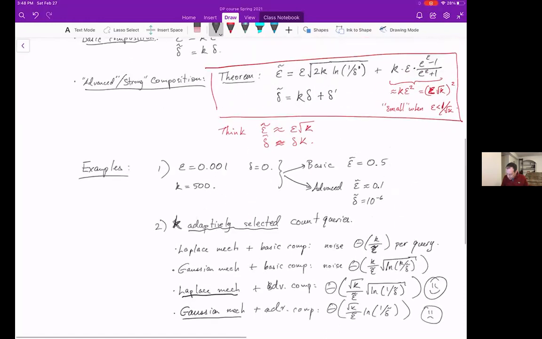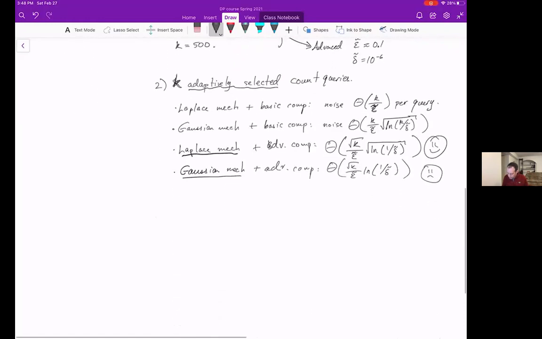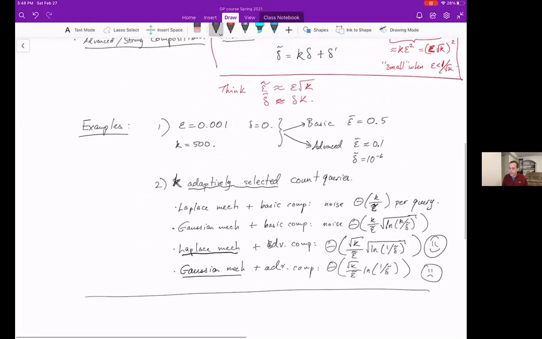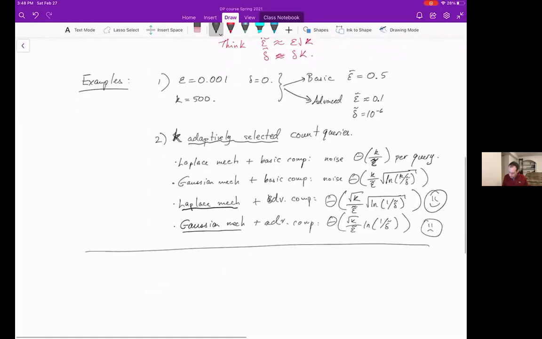Okay, so let's move on. So that's some examples. Let's try and understand, if we can, why this thing is true. Maybe just one last point I'll make. We can get tighter bounds for specific mechanisms. The theorem in the red box above is not tight for all mechanisms.